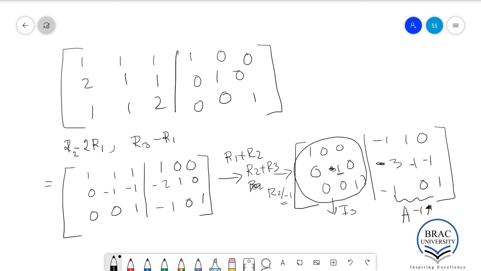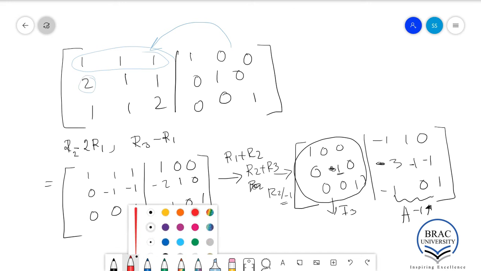Now let me explain a bit why these row operations were necessary. The idea is to get this identity matrix over here. To do that, we take these rows and we are trying to make some pivots.